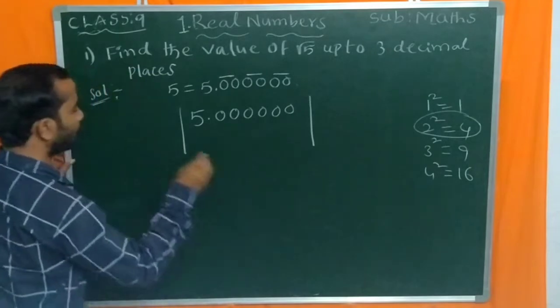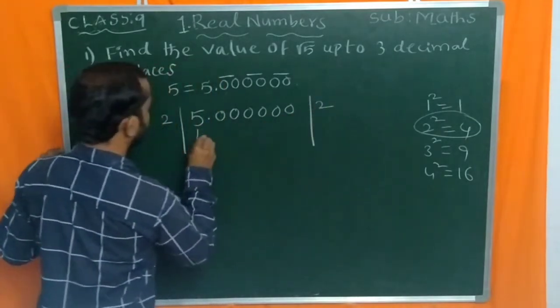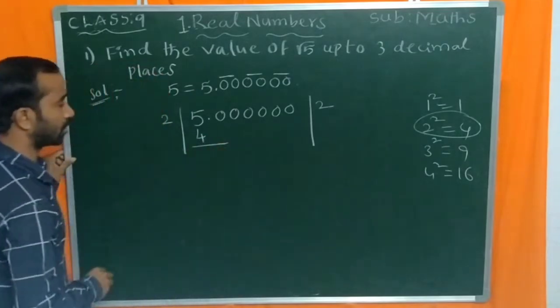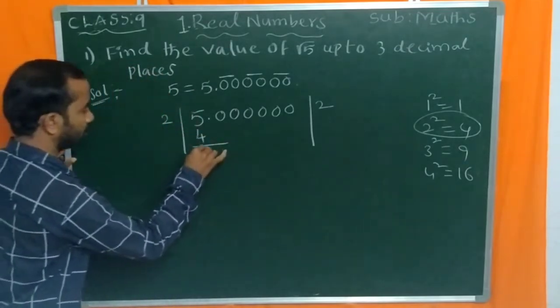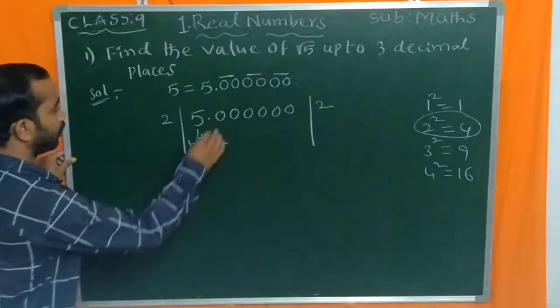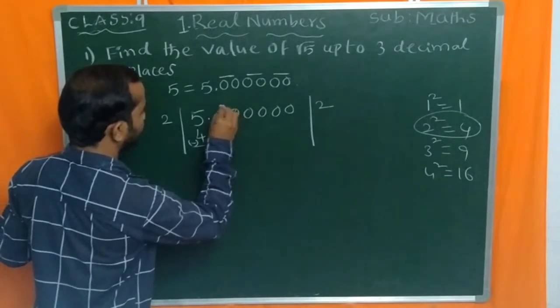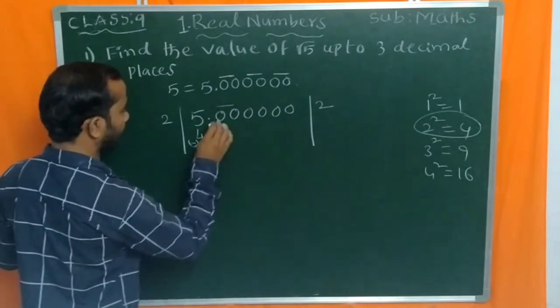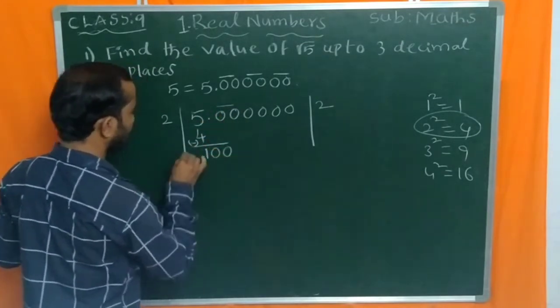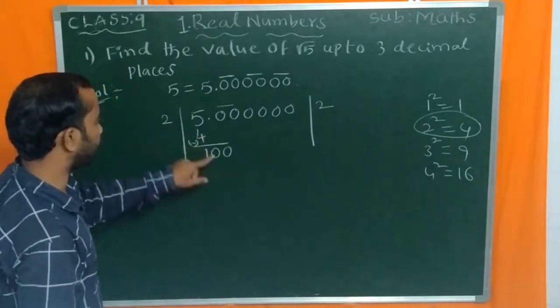So 4 is written as 2 into 2 equals 4. Okay, 5 minus 4 is 1. We bring down the right side of the remainder. The first two zeros are the first pair of zeros. This is the new dividend of the given number.